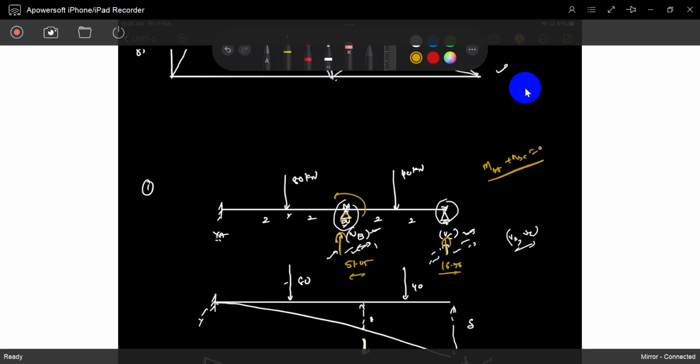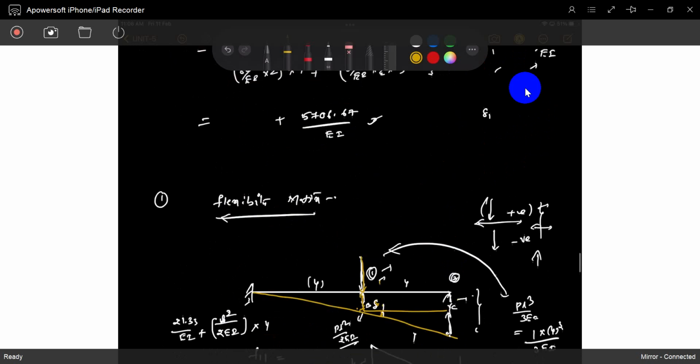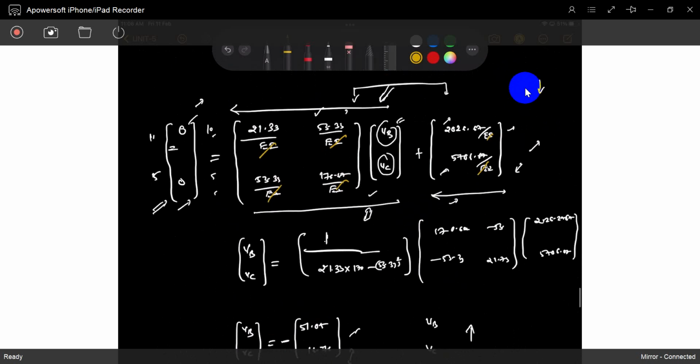But if the support has a concentrated moment, that concentrated moment is equal to that moment, and the force is also to be taken. I will solve many problems day by day, one by one, and show different conditions. So that's why it's not 0, 0 every time. It has certain values when certain fixed conditions are there.